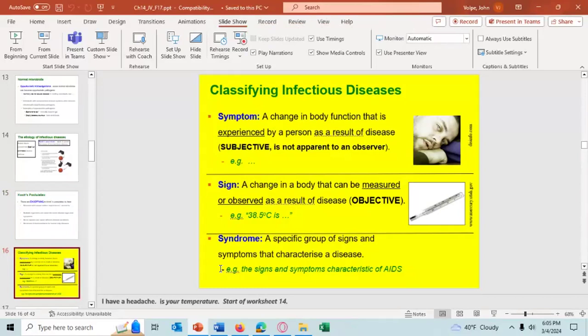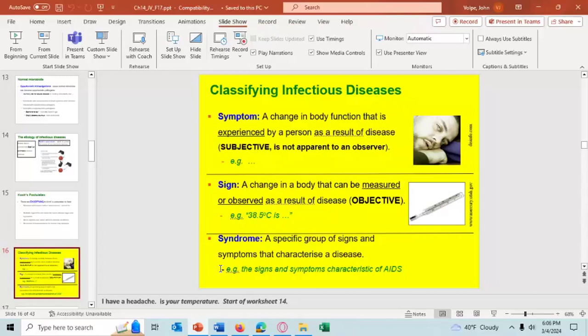For example, when you have a headache, nobody else can measure or even know that you have a headache, other than you telling them. So a headache is a symptom that nobody else can know you have except for you.